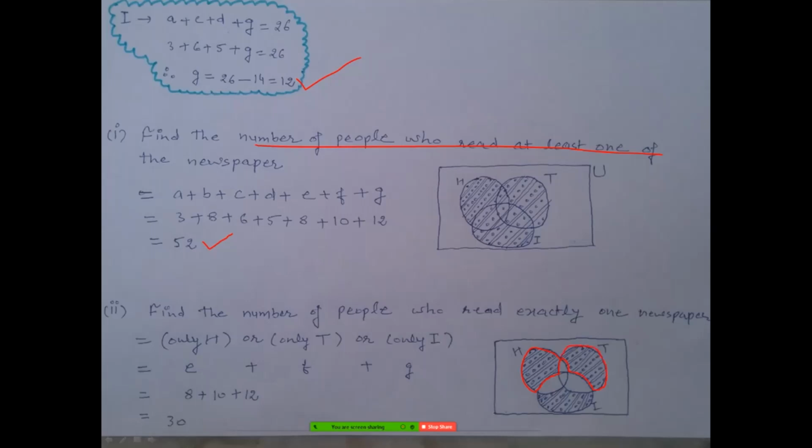Only H is E. And what is only T? This is F. And what is only I? Only I is G. So the values of E, F, G: 8 plus 10 plus 12. So the final answer is 30.